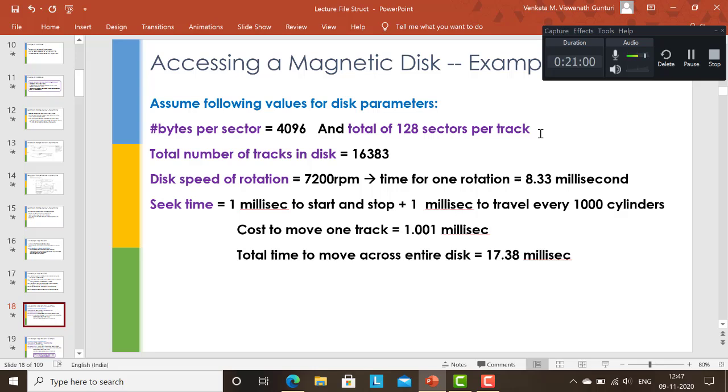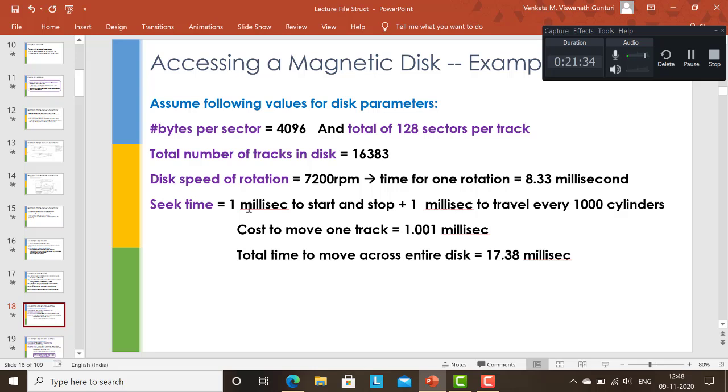Of course, tracks closer to your spindle will have maybe fewer sectors, and the farther ones will have more, but let's assume that we are doing some approximation here. Let's assume we have some 16,000 tracks in my disk, and the disk speed of rotation is 7200 rpm. Therefore the time for one rotation is approximately 8.33 milliseconds, right?